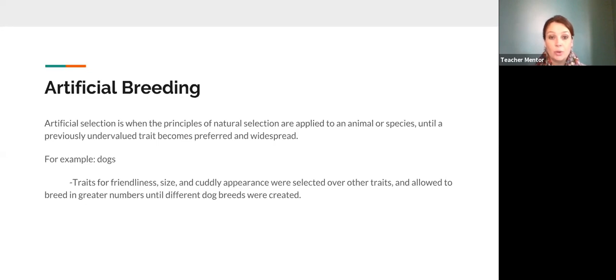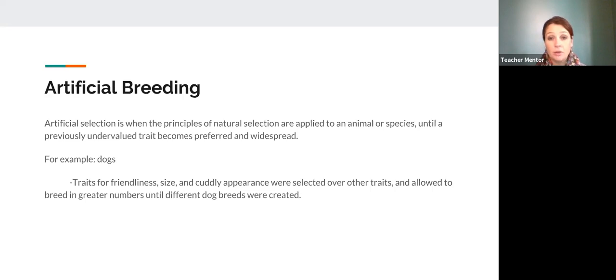Okay, so again, in biology semester 2, within natural selection, we talk about artificial breeding. Artificial breeding, or artificial selection, is when we take those principles of natural selection and actually apply them to an animal or species. A lot of this is done by humans because we want to eliminate an undervalued trait. So for example, dogs.